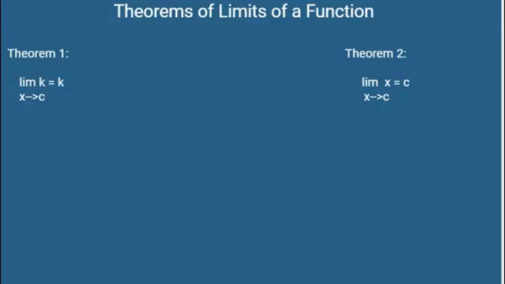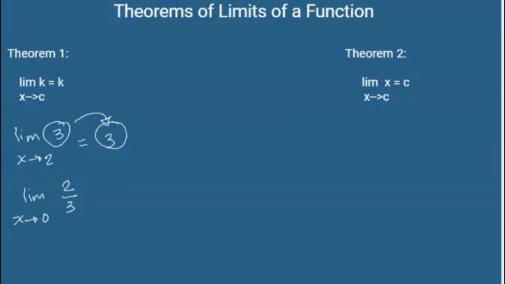As an example, let's have the limit of 3 as x approaches 2. The answer is 3. Because 3 is a constant, so the limit of a constant is itself, 3. Another example, let's have the limit of 2/3 as x approaches 0.